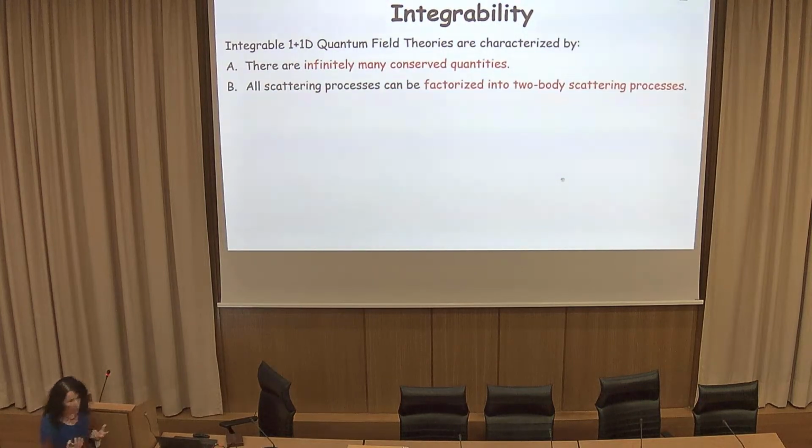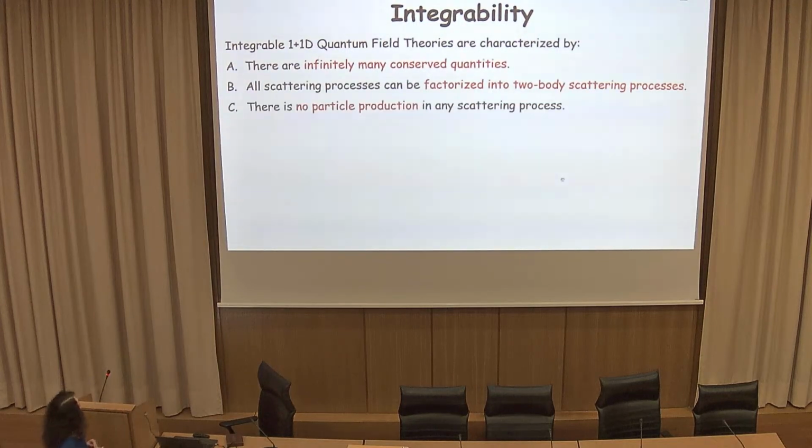We have, in quantum field theory, the feature that all the scattering processes can be factorized into two-body scattering processes. So we're talking about scattering amplitudes again, as the previous speaker did, but in a setting where everything becomes a lot simpler than what she was talking about. And then there is no particle production in the scattering processes.